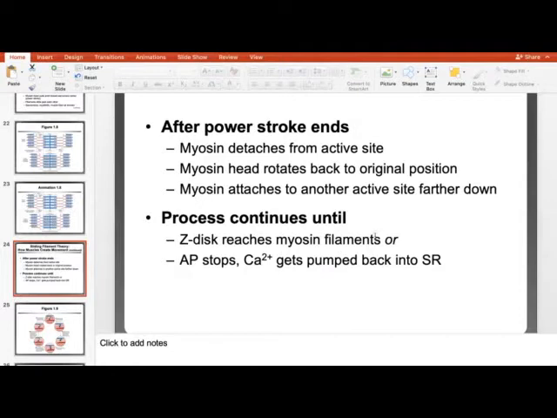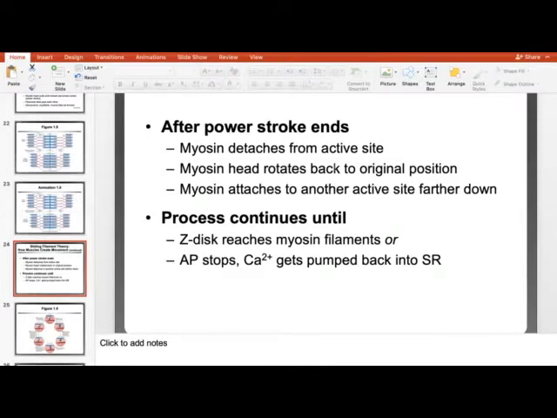I just cannot contract my muscle any further. So there's no place for the myosin to attach further down the actin filament. There's just no place for it. So the contraction will stop. That's when my muscle is completely contracted.